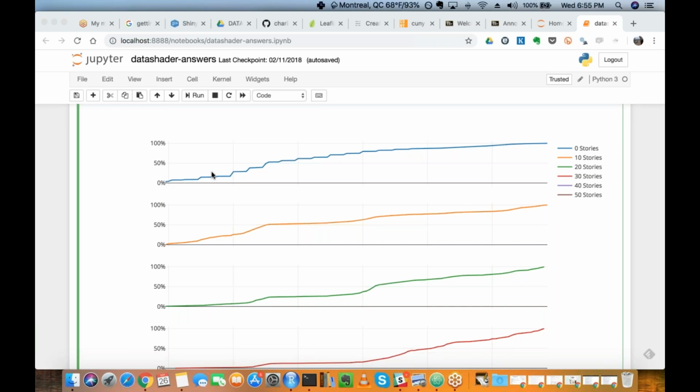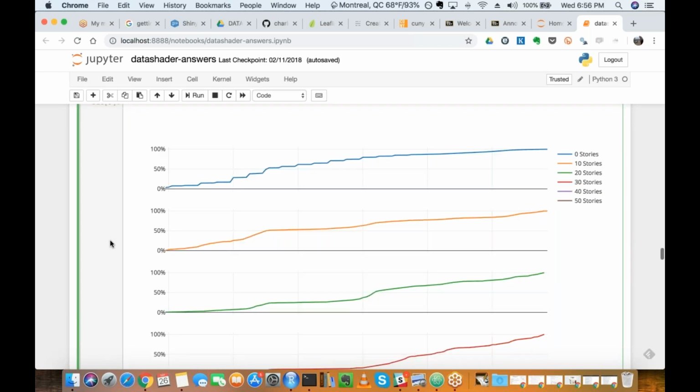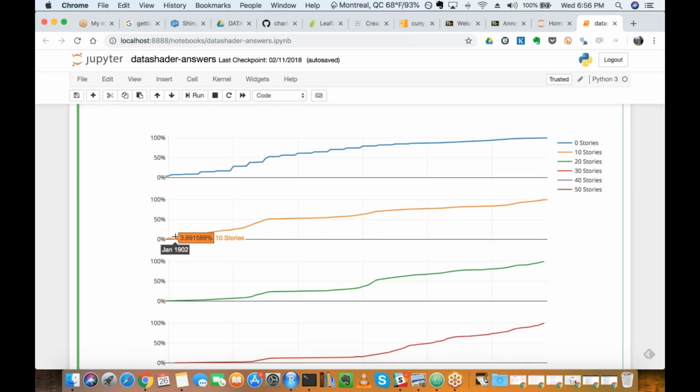So what we see here is you're able to look at things cumulatively. You could choose whatever cutoff you want and use that as your guideline to get an idea of when people got a hang of building buildings of certain heights. Looking at 0 stories, that's just building houses.